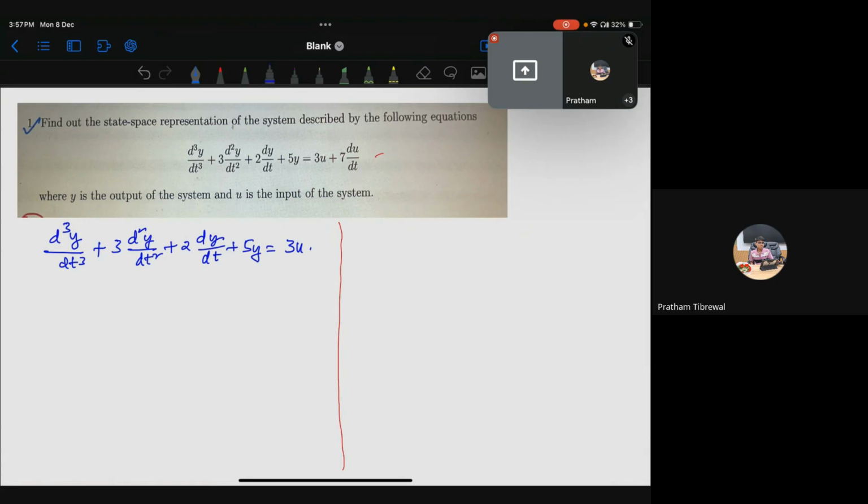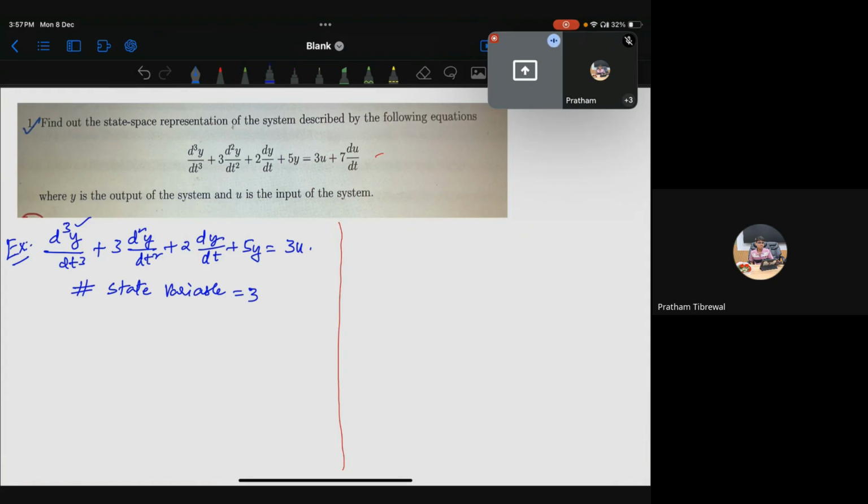First we choose the number of state variables as 3, which is equivalent to the order of the system, the order of the differential equation.